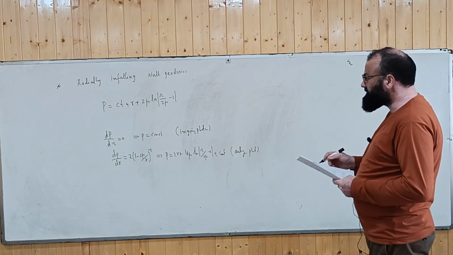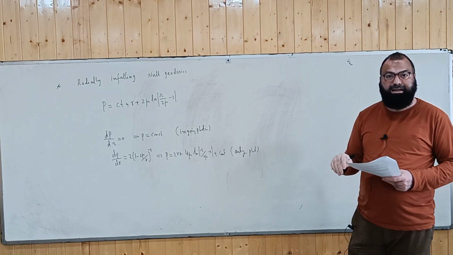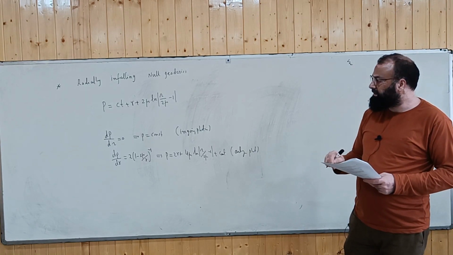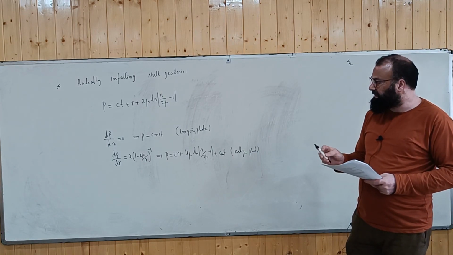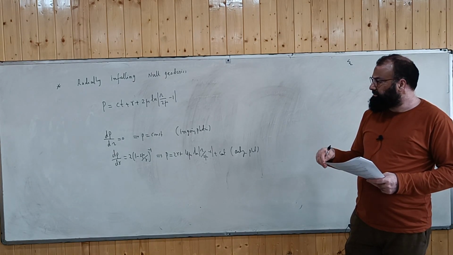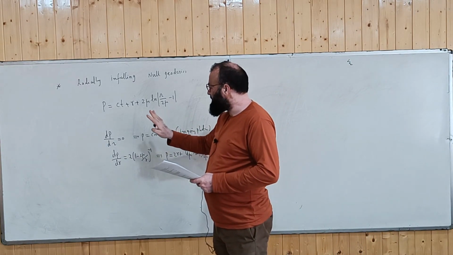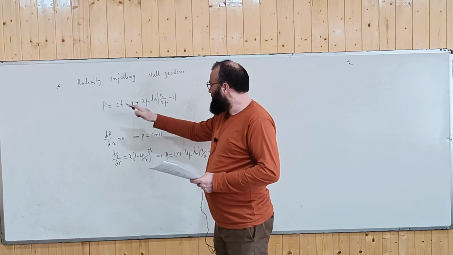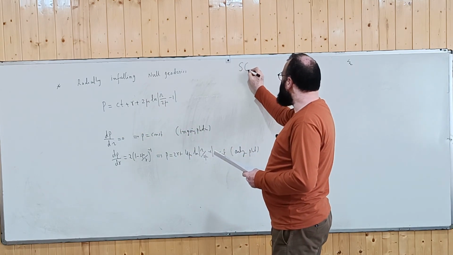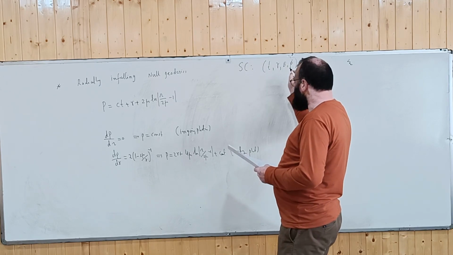Okay, so let me introduce... So instead of working with, okay, so let me draw a diagram. Instead of drawing a diagram, before that, we'll introduce something. So our Schwarzschild coordinates: you are having Schwarzschild coordinates t, r, theta, phi.